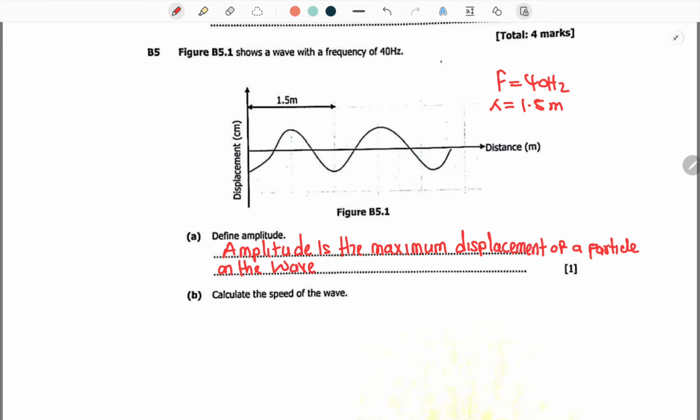The maximum displacement of a particle on the wave from its resting or equilibrium position.